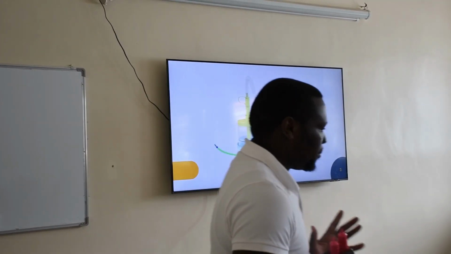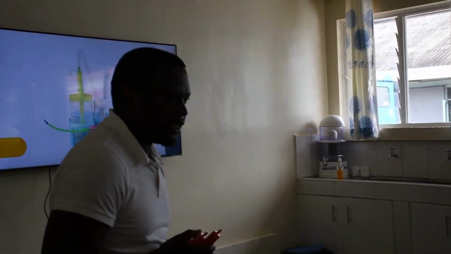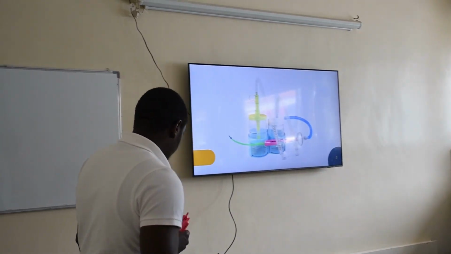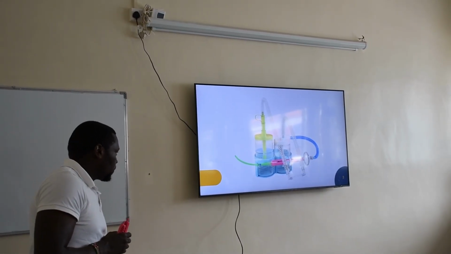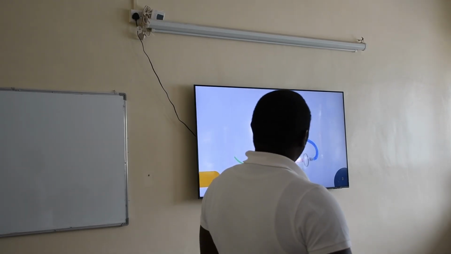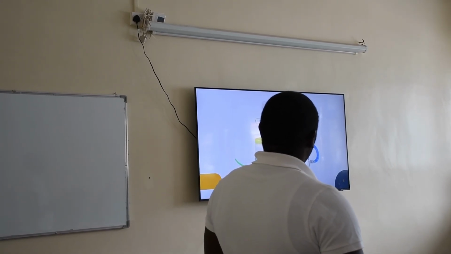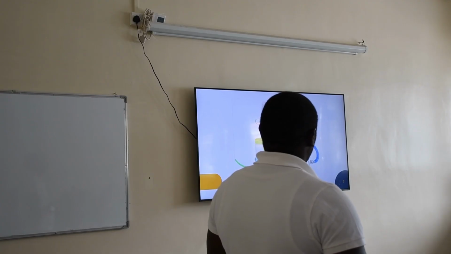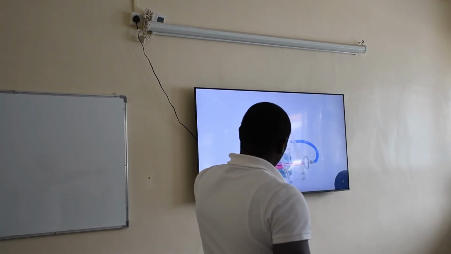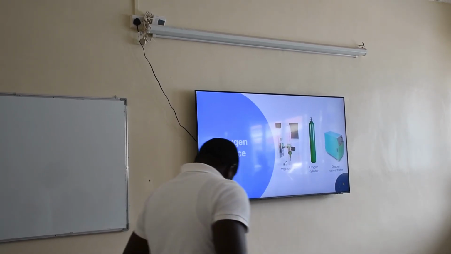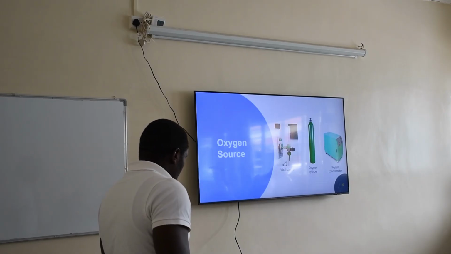Our system is a linear system. When we talk about a linear system, it means that the gases flow in one direction. There's no flow that goes backwards. If you follow the arrow carefully, you see how the gases flow.